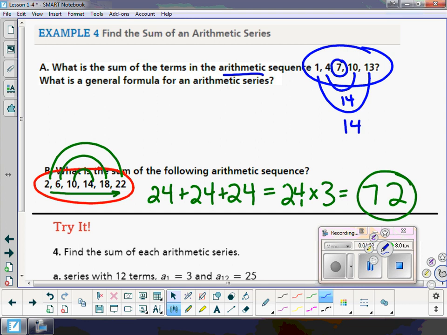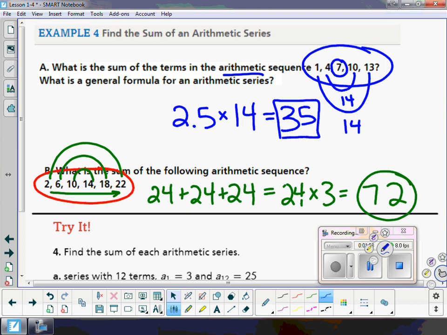Even though we don't have an even number of terms so that everybody has a buddy, it works out that we have 2.5 pairs of numbers that each add up to 14. You've got the 14, and 7, which is half of 14. So we end up getting 35 here.